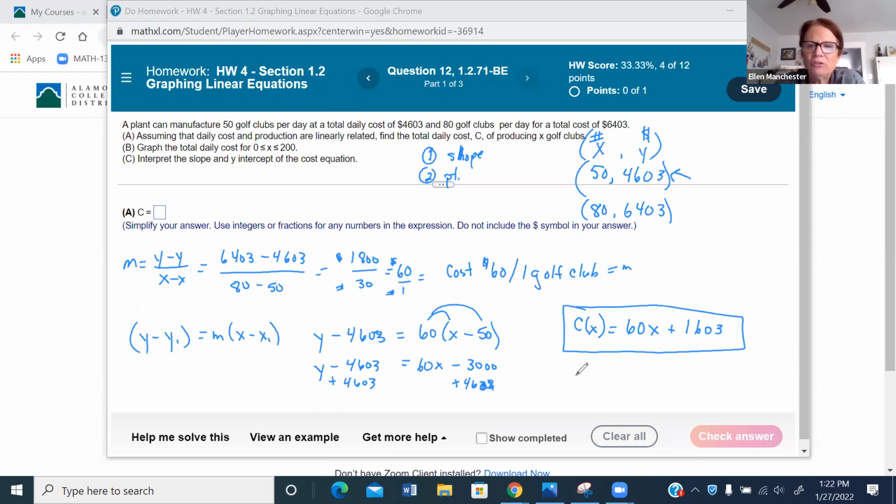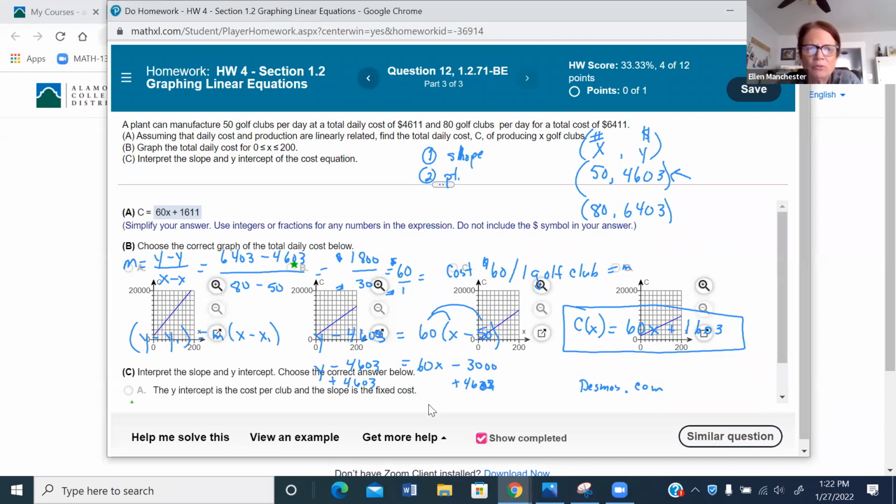Now, you can use a tool, an application called desmos.com. You can do it that way, or in your homework, let's see, yeah, they're having you match. So let me erase all this.